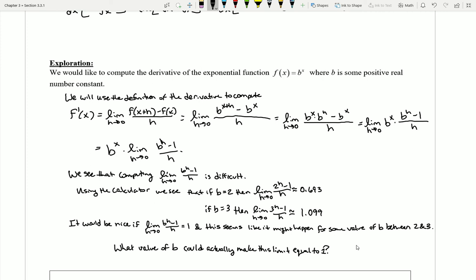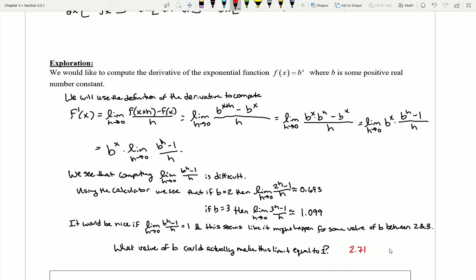Well, this is a value that had to be hunted down when calculus was essentially being created. What is a value that would make this the case? We could try to figure out values that might work, values that get closer and closer to having a limit of 1. You can start to create a value that looks something like 2.7, maybe 2.71, and you could just continue to go and go and go.